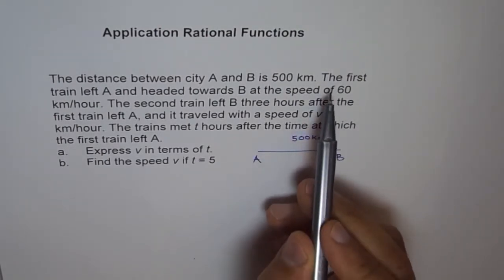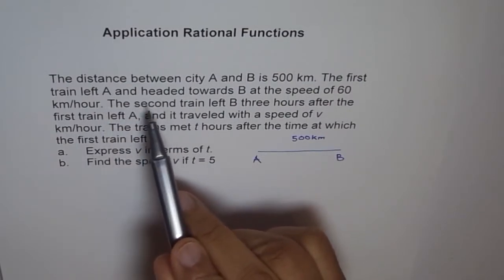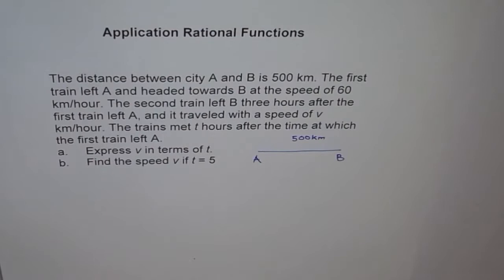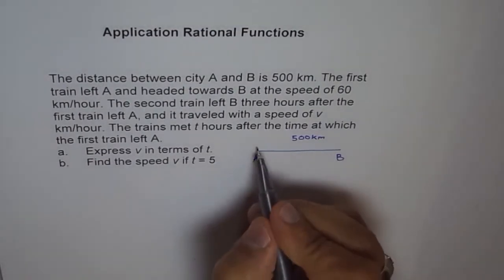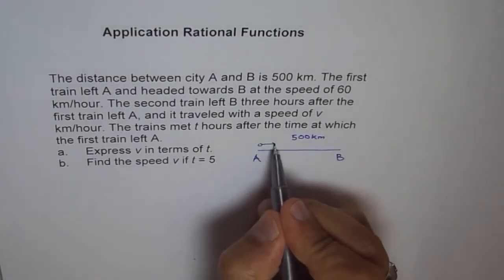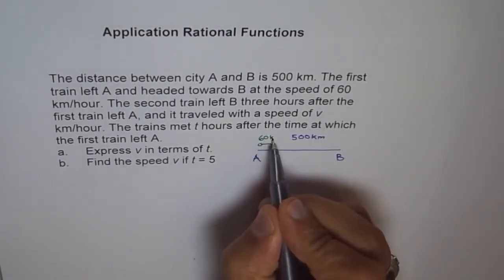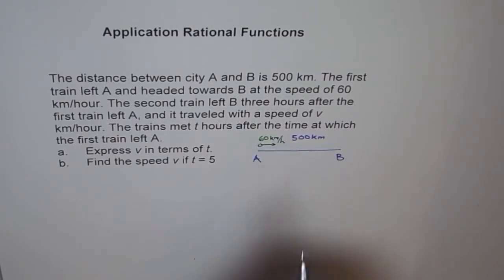Now it says the first train left A headed towards B at a speed of 60 kilometers per hour. Okay, so the first train from A leaves towards B and the speed is 60 kilometers per hour.